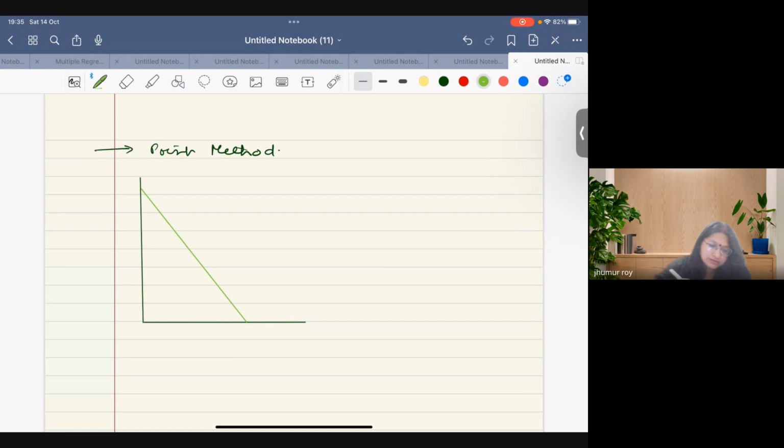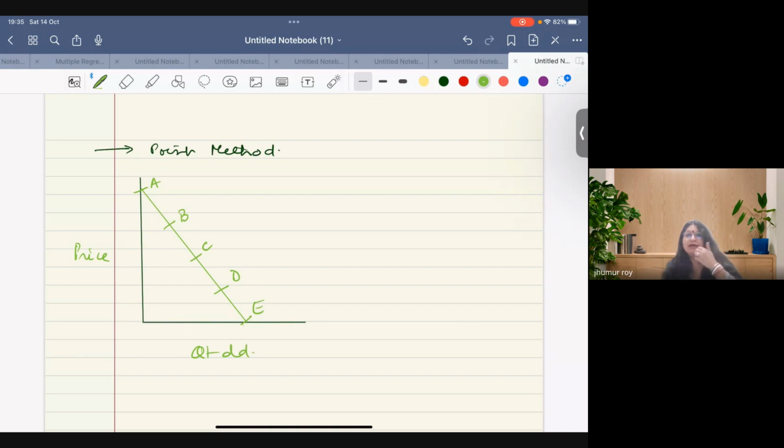Okay, so this is your demand curve. Now, in this case, we divide the demand curve into different portions. We have divided the demand curve into 5 points: A, B, C, D, and E. Here you have price and here you have quantity demanded.